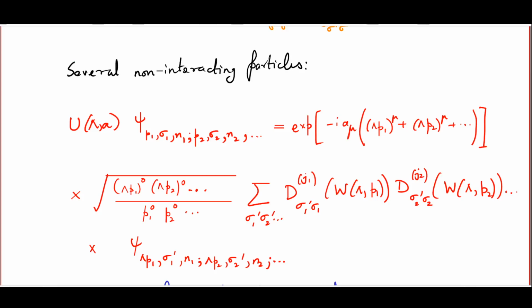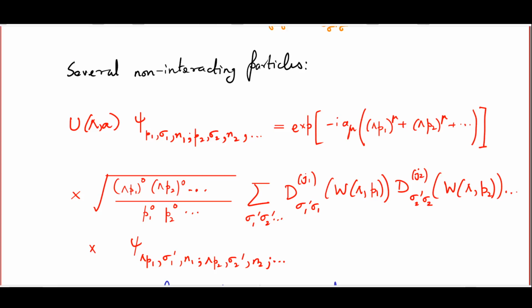So this kind of transformation rule would be very relevant, not throughout the scattering process, but at least in figuring out what happens to the system very far in the past or very far in the future. And which is why states like these are very, very useful.